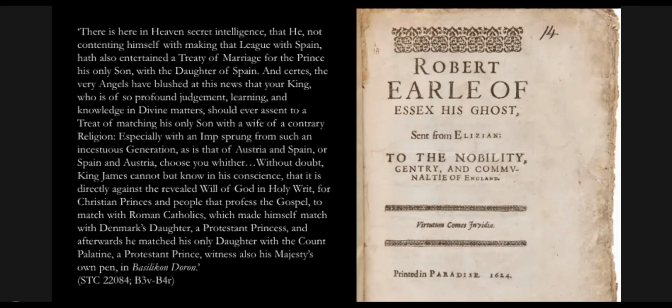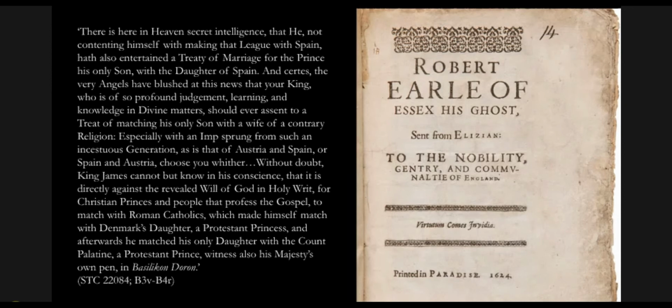In this text, Essex's ghost, writing from Elysium, urges readers in England to offer a free and cheerful contribution to the new wars, which were ostensibly being fought along Protestant-Catholic lines, and to do everything they could to dissuade James from a match with the dangerous Spanish nation.